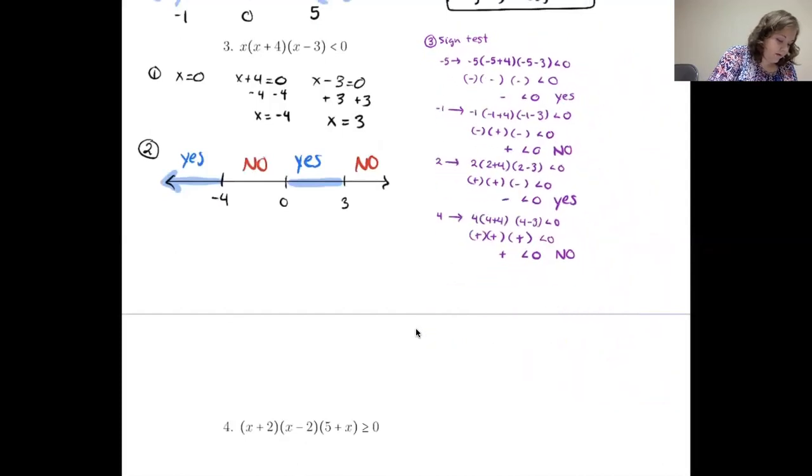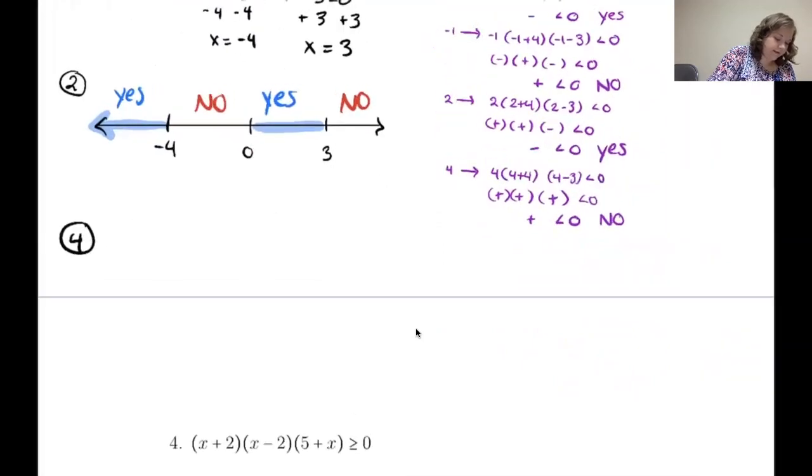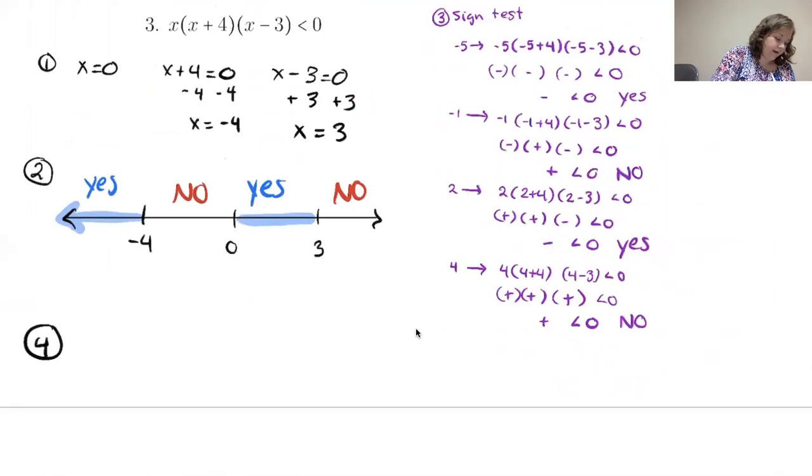So let me shrink that. Okay, so step 4, we will look at these intervals and we need to figure out if we got brackets or parentheses first. So yet again, we have a strict inequality, so we've got parentheses. So parentheses for everything.